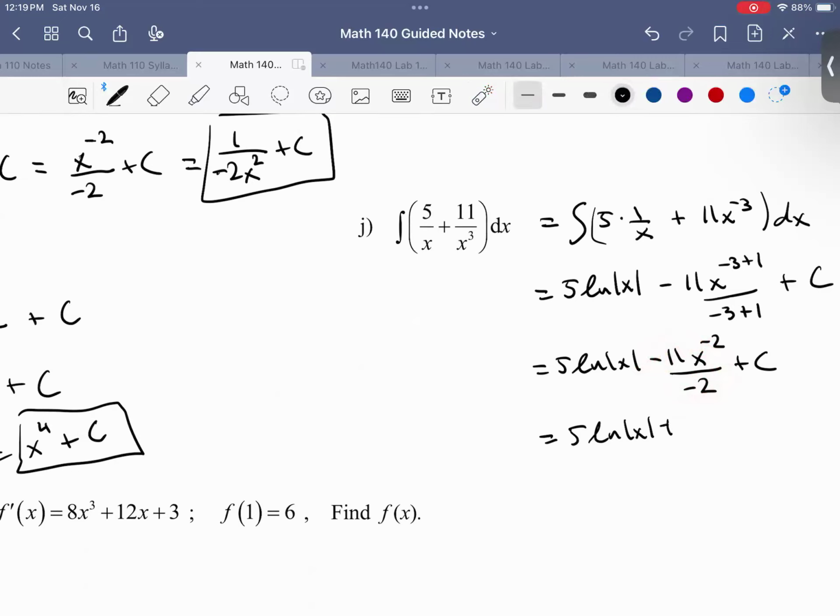So it will be plus, and I'm going to bring down this x to the negative 2 to make it a positive exponent. So it becomes 11 over 2x squared plus c.